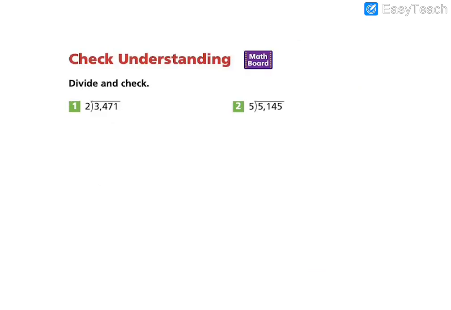All right, we're going to do the first problem together, and then you're going to do the second one on your own. So let's take a look at number 1. 3,471 divided by 2. We start with the thousands place. We need to divide 3 thousands into 2 equal groups.